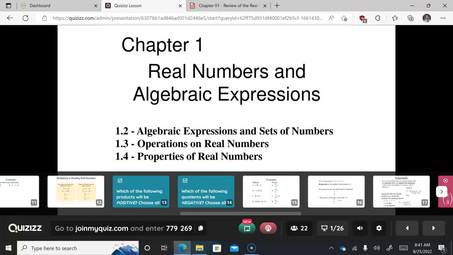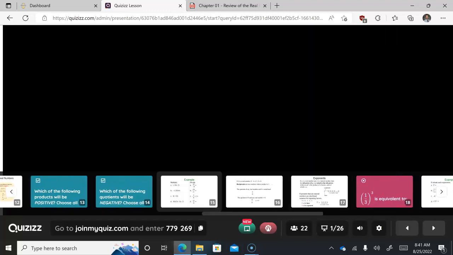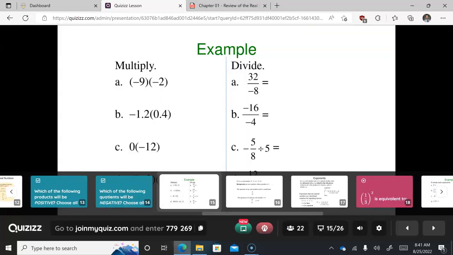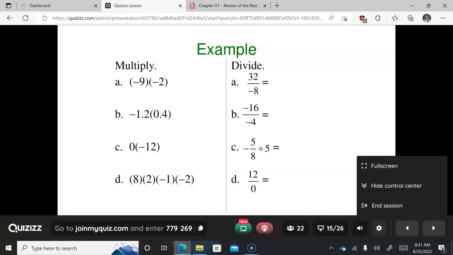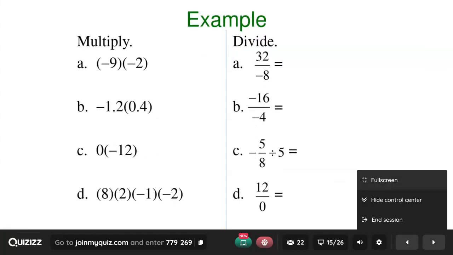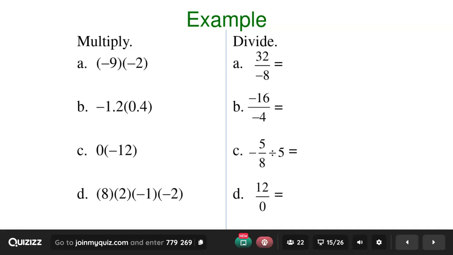We left off, right? We talked about positive products and quotients, negative products and quotients. Maybe ringing a few bells? Okay. Thanks for the feedback. Remember, if we're multiplying two things that are the same sign or dividing two things that are the same sign, we'll get the positive product or quotient, and if they have different signs, negative product and quotient.